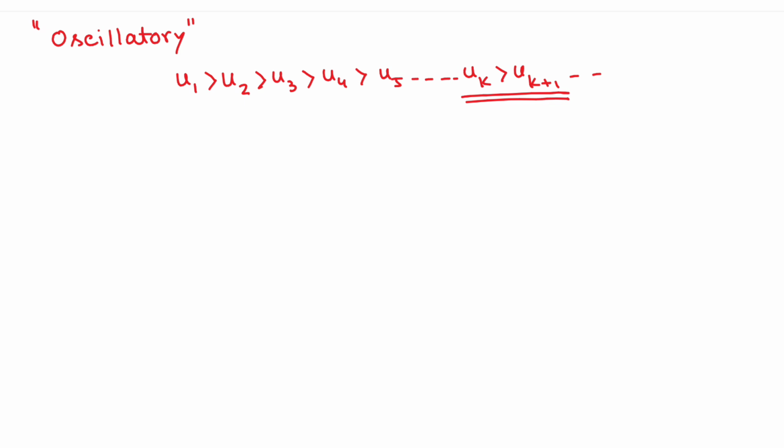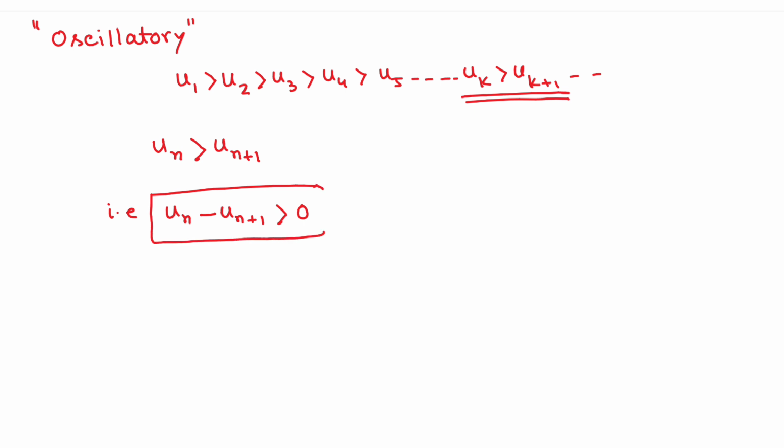Clear? So we can say that un will be greater than the next number un plus 1. Yes or no? Un plus 1 will be less than un. That means the difference un minus un plus 1 must be greater than 0.